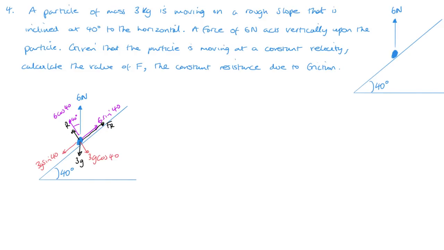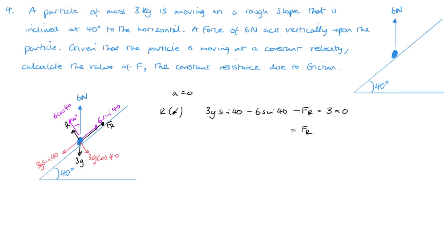Okay, so now I've worked out which direction my friction is going, I can now solve this. It's going at a constant velocity, so a equals 0, and we're resolving parallel with the plane. So that is 3g sine 40 minus 6 sine 40 minus the friction equals 3 times 0.